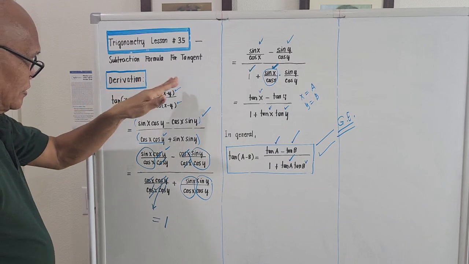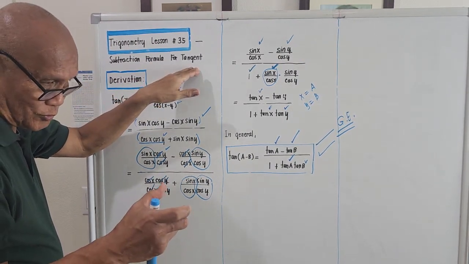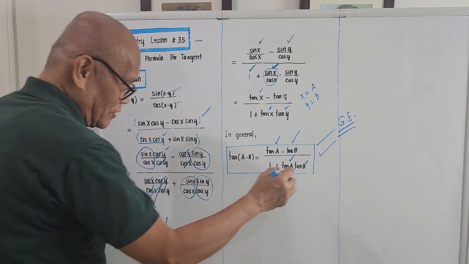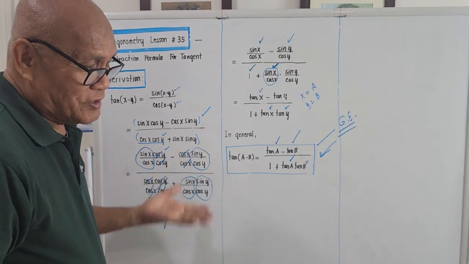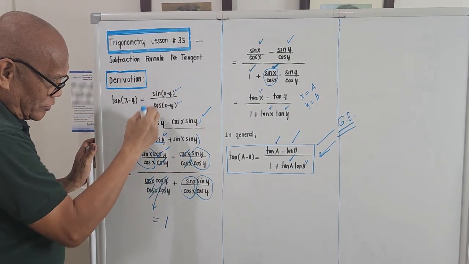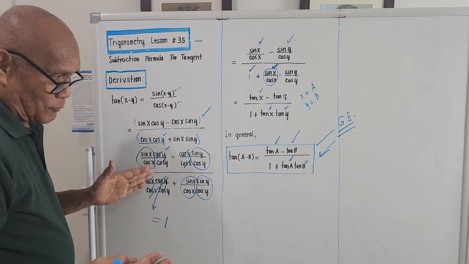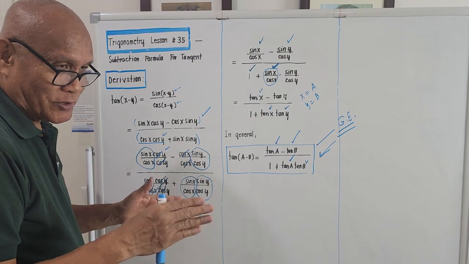So that is actually the formula for subtraction of tangent of two angles. That's it. It's easy now because we know how to expand the sine and cosine functions. That's why before proceeding with the tangent, at least we know the expansion of the so-called sine and cosine.